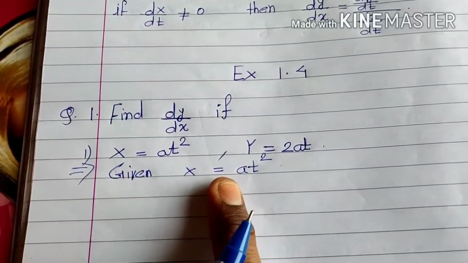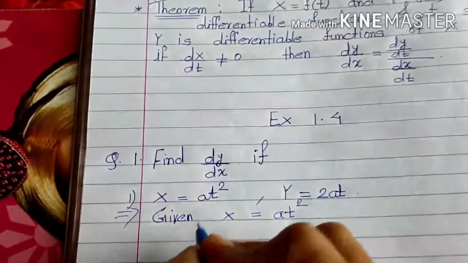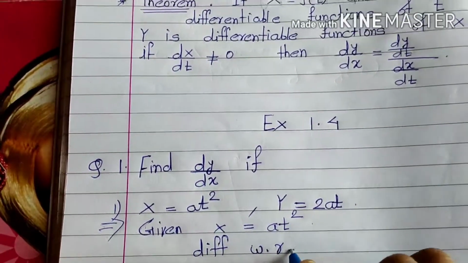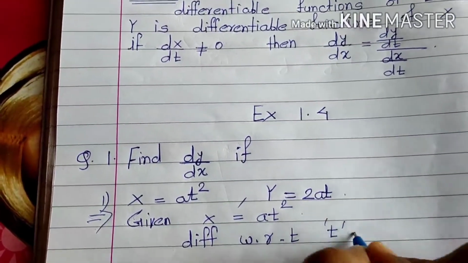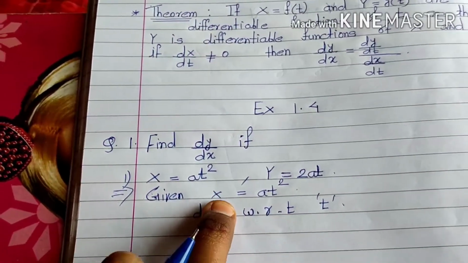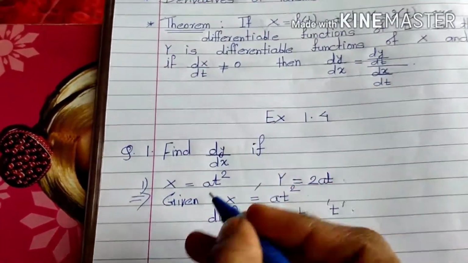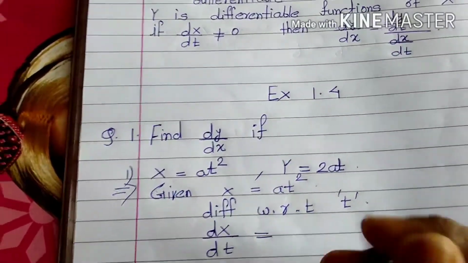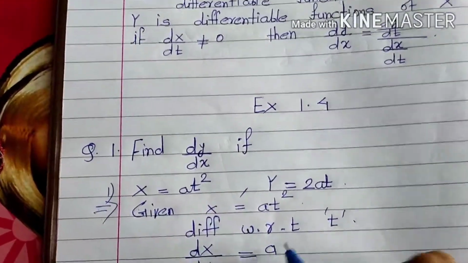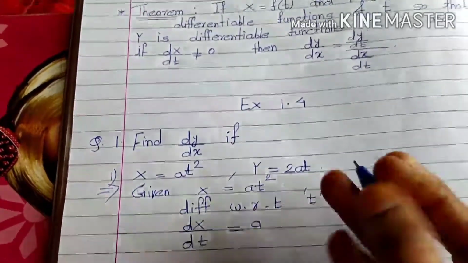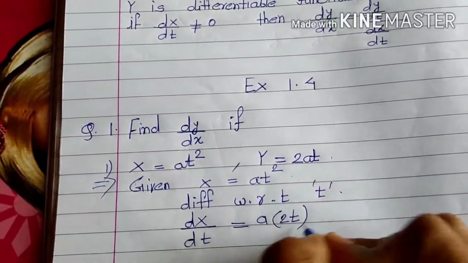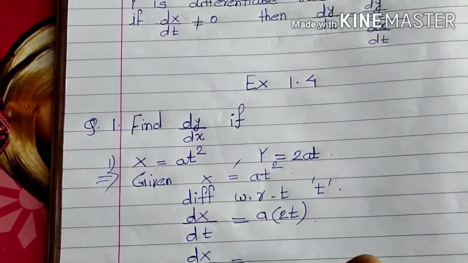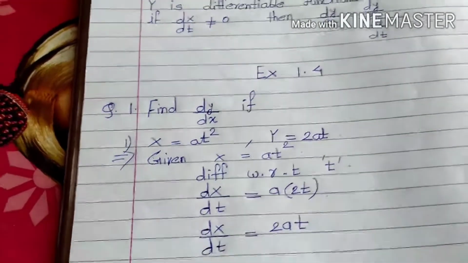Now differentiate it with respect to t. x is a function of t, that's why dx upon dt, and here a is constant, the derivative of t square is 2t. So we get dx upon dt is equal to 2at.